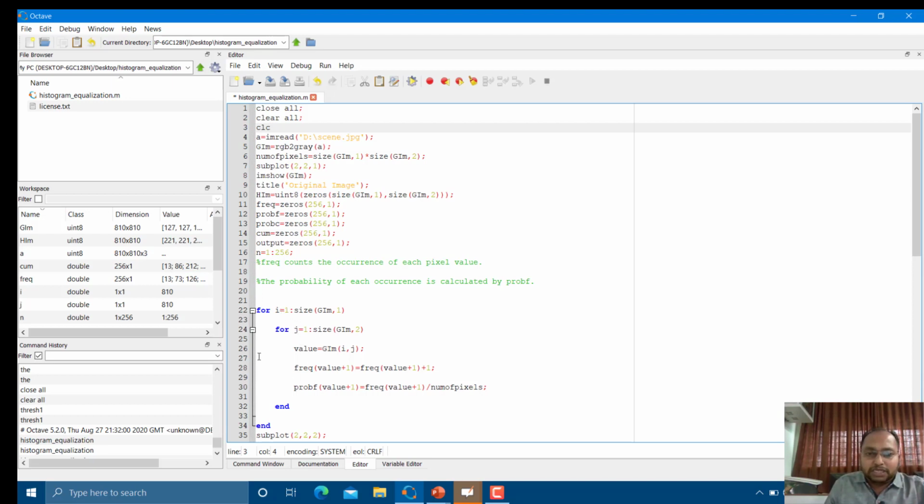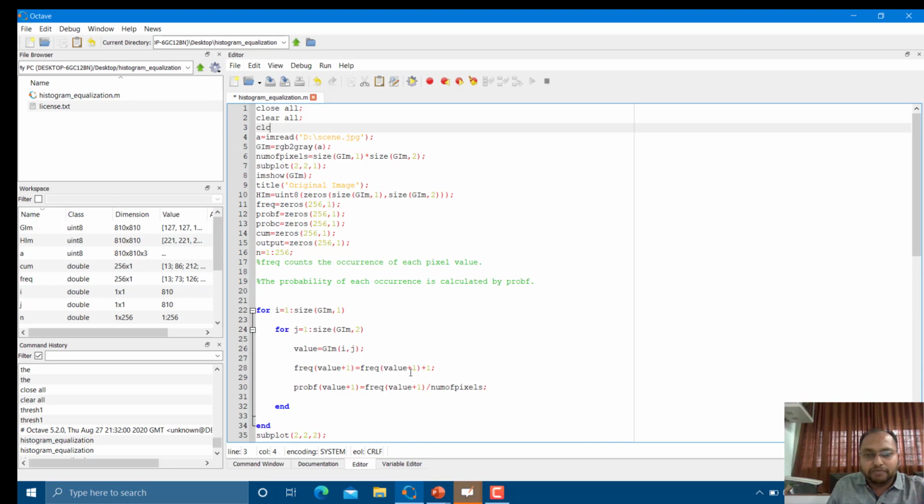This particular two for loops are going to find out the frequency of that particular pixel. Let us say pixel number 1, pixel number 2, 3, 4, 5, like that. Over here you can find out the frequency of occurrence of 1 or 0 is nothing but 13, then 73, like that.